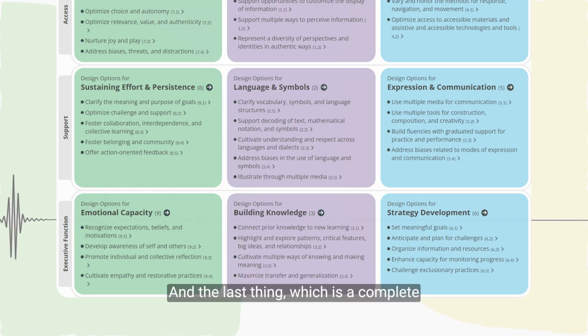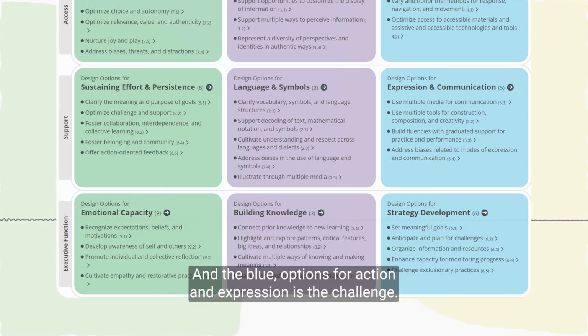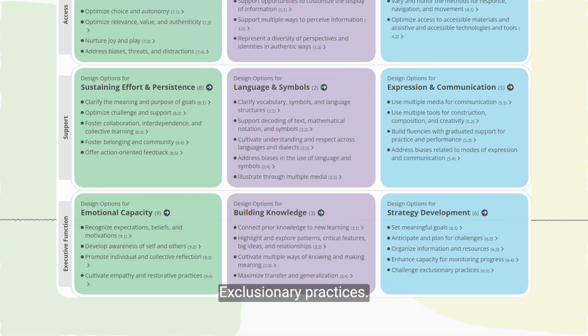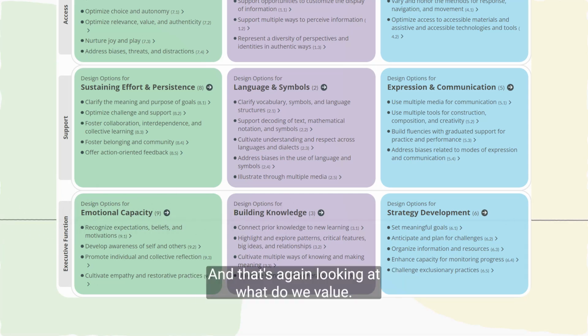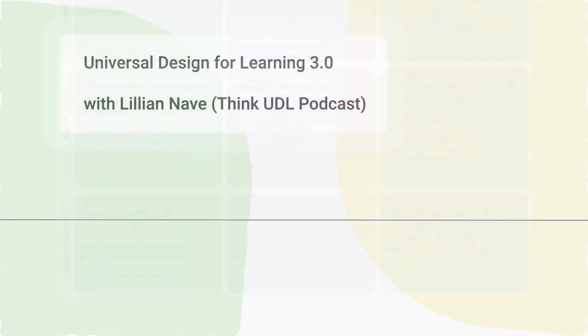And the last thing, which is a complete addition, wasn't there before, on the bottom right-hand side, in the blue options for action and expression, is the challenge exclusionary practices. And that's, again, looking at what do we value? Is that cultural? Is that different from where the student comes from?